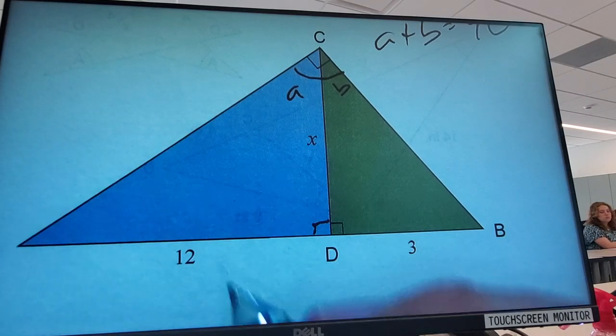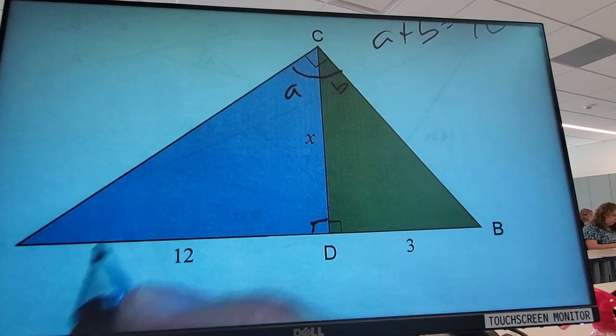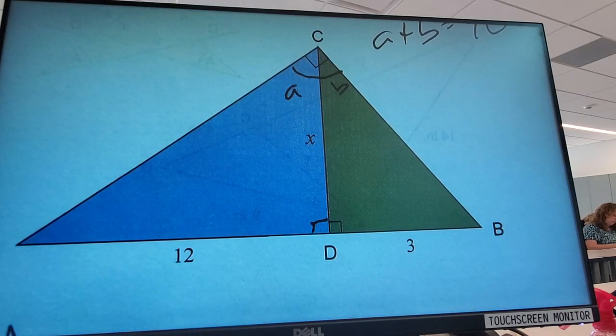That whole angle C is 90, so the two angles that go into making it must add to be 90. What must be true about angle big A and angle little a?